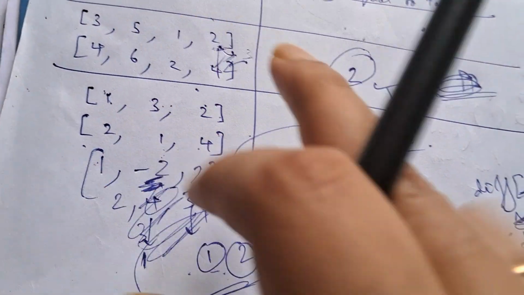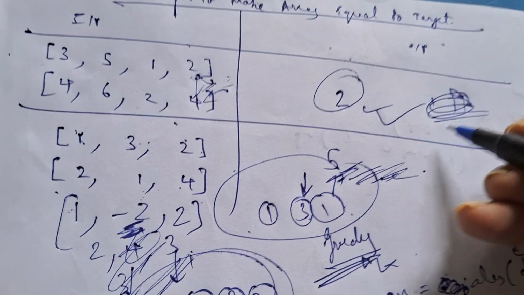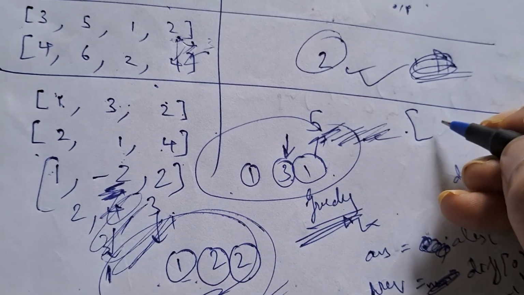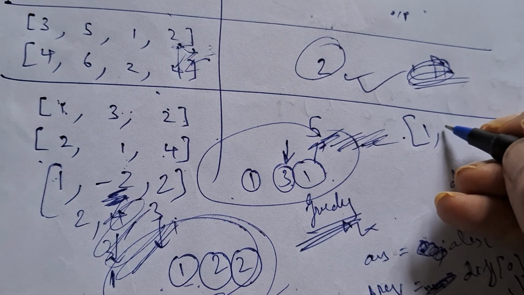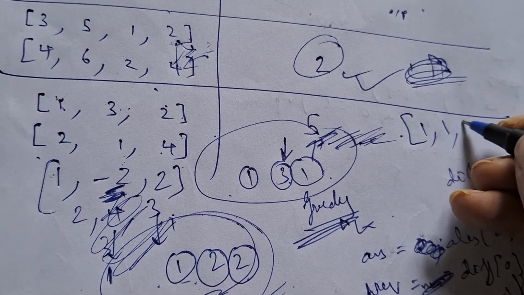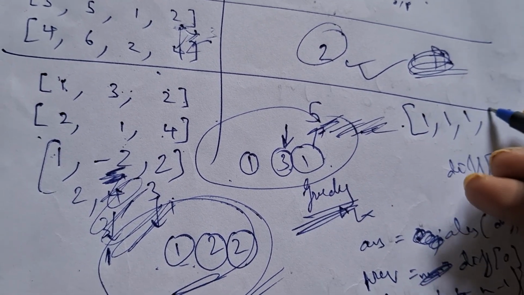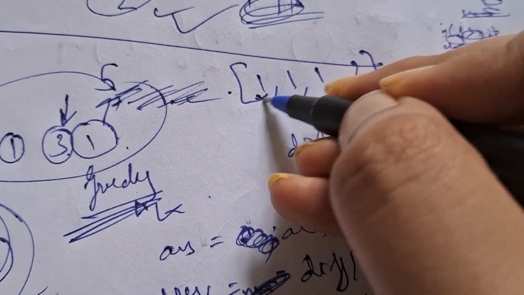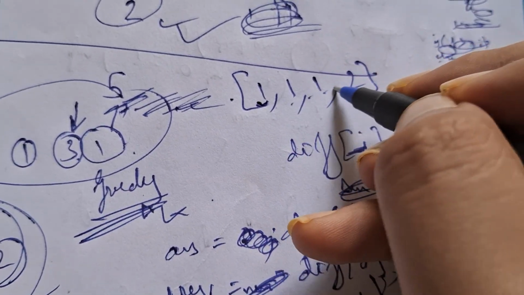Now for this 3, 5, 1, 2, what does the difference array look like? Let me write it over here. 4 minus 1, 4 minus 3, 1, 6 minus 5, 1, 2 minus 1, 5 1 4 minus 2 2, right? Over here you can see that if you're going to apply one operation over here, it goes on continuing.